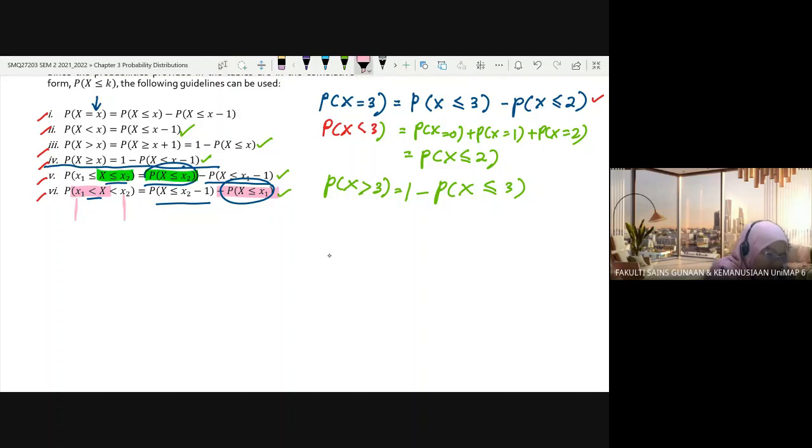As far as I'm concerned, this is how we use the rules, and how we can expand the rule based on the sign given, either greater than, less than, greater than or equal to, or less than or equal to. As far as I'm concerned, this is how it can be done. If later I find it not correct, I will let you know. This is the way we follow the rule for the cumulative probability distribution. Any other question?